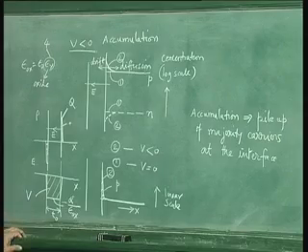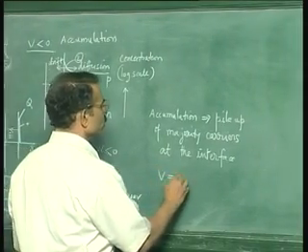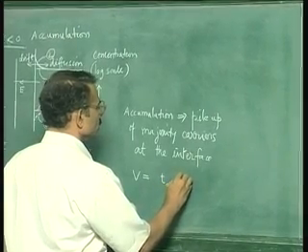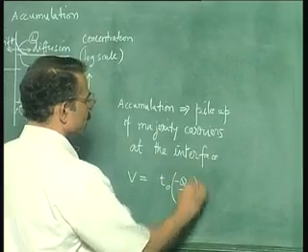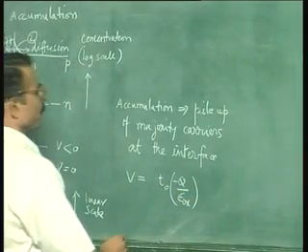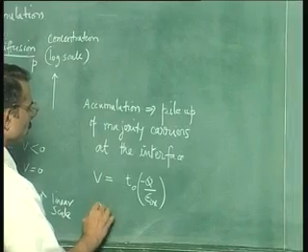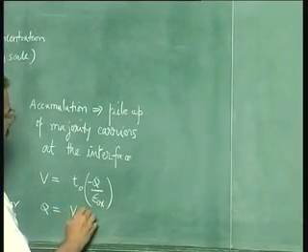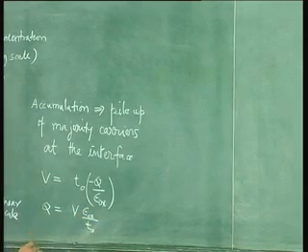So we write V is equal to T naught into Q by epsilon ox with a negative sign, which you can translate to Q is equal to V into epsilon ox by T naught.